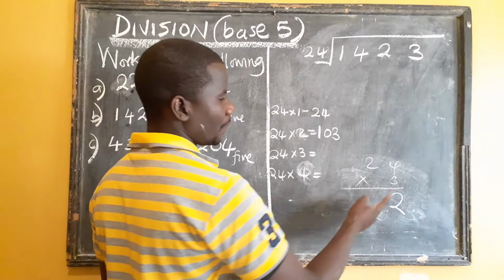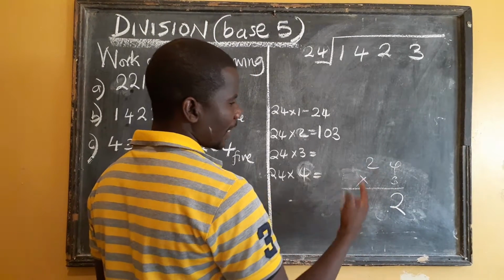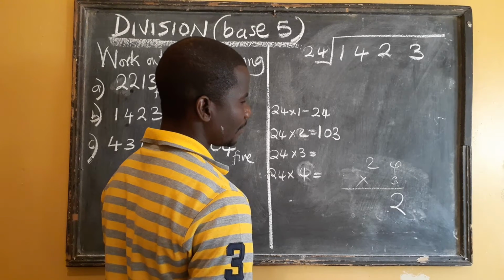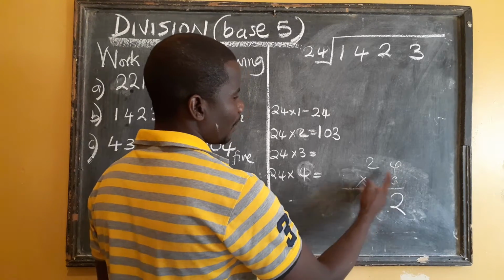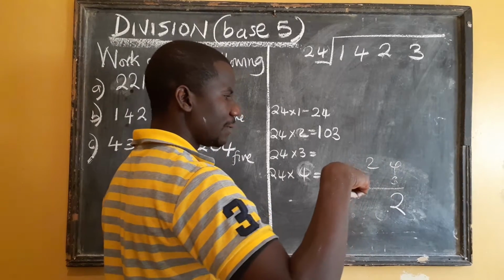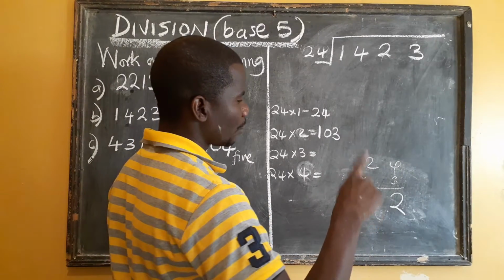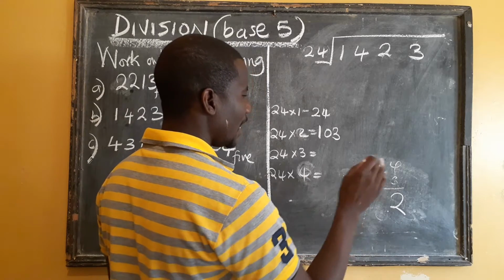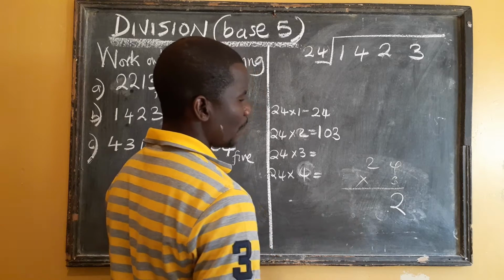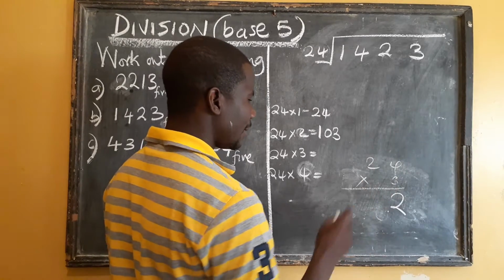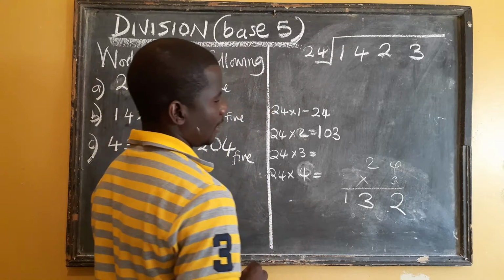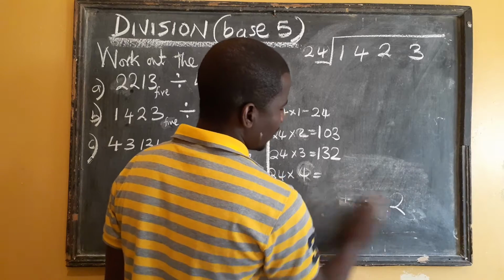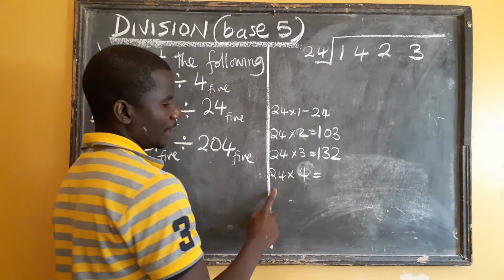Then 2 times 3, we get 6, plus the other 2, it's going to be 8. Now 8 divided by 5, what do we get? It will be 1, remainder 3. So what we're going to get here is 132. Then we do the last one.